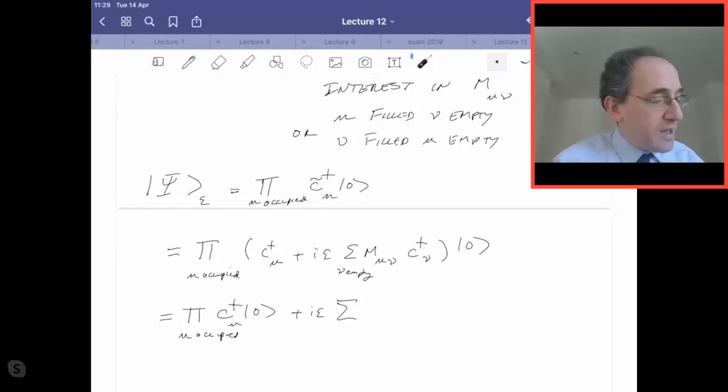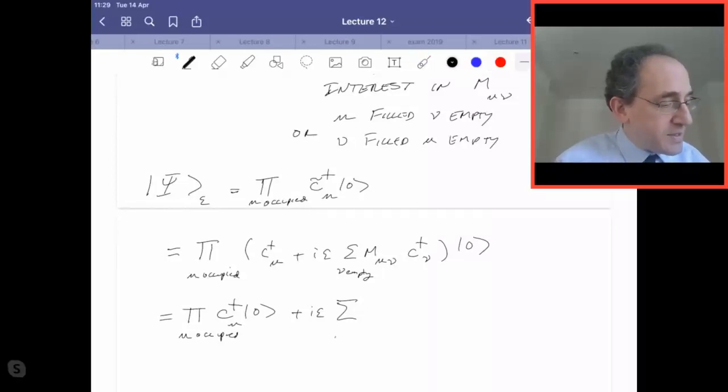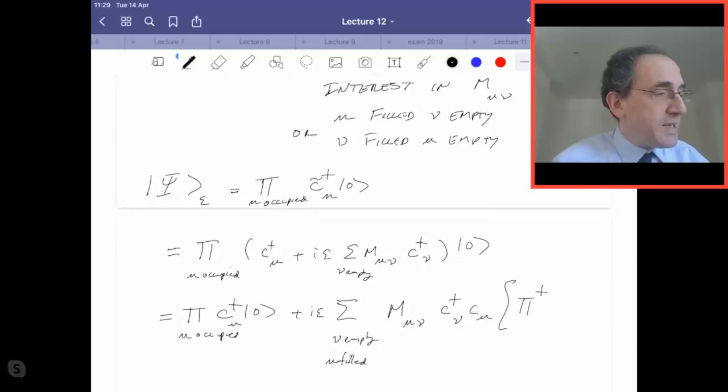So if mu is occupied, then we can choose nu to be empty only. So we then have a sum over nu empty and mu filled, and I'm going to write this as m mu nu, c dagger nu, c mu, and then times a factor, the product of c dagger mu prime on 0.